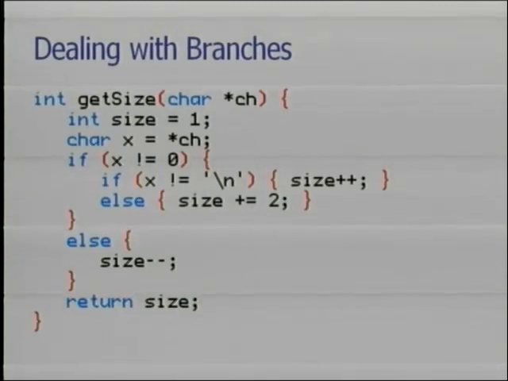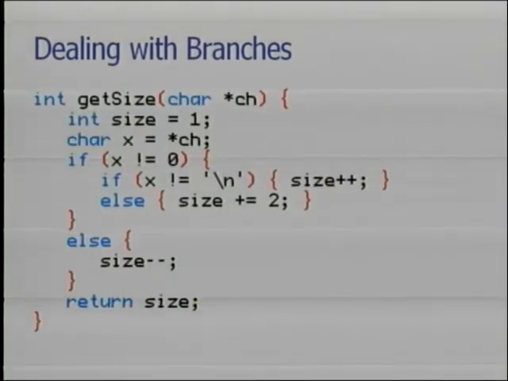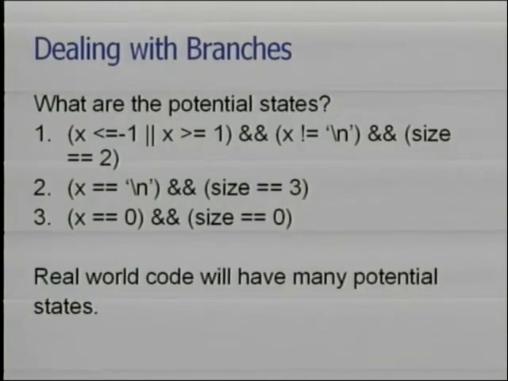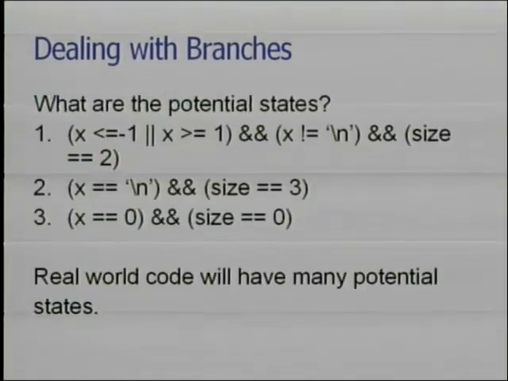Taking the first block and taking the first if, and that being true. So the next possibility is that x is equal to a newline, and that would make size equal to 3. That's if it takes the first if and it takes the else within that block. And the last possibility is if it just drops straight through the outside else, and it just subtracts 1 from size. So we know that x equals 0 and size equals 0.